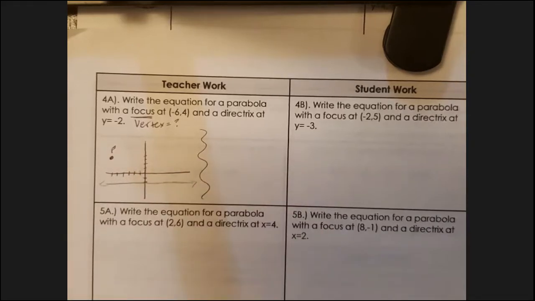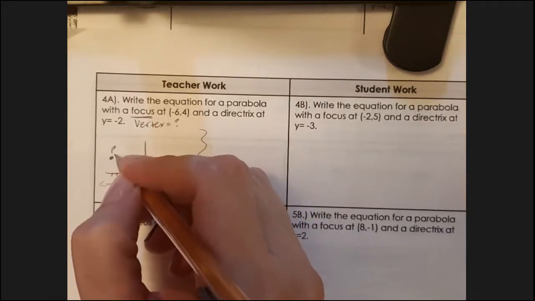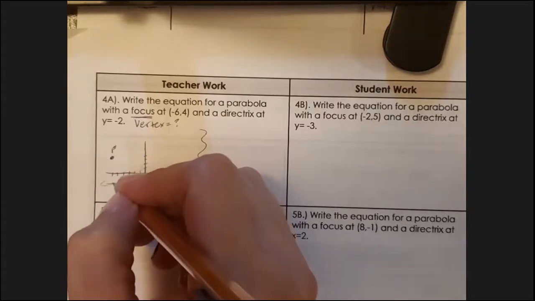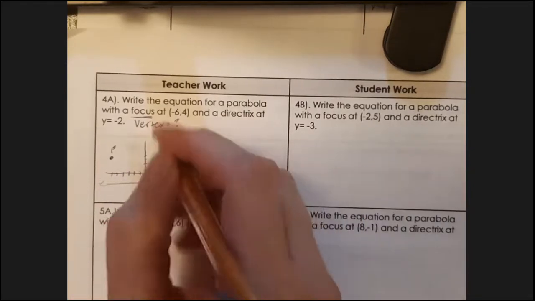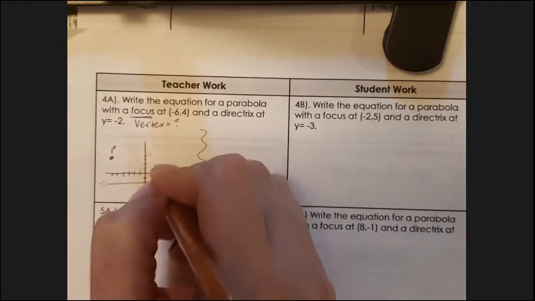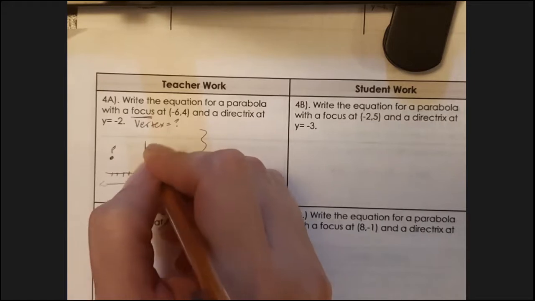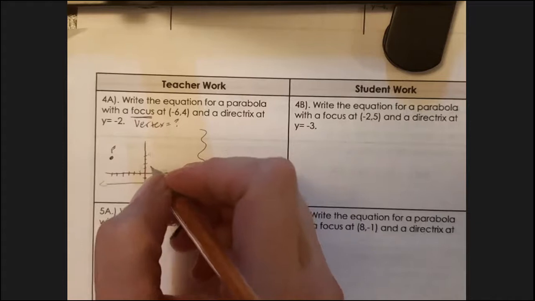All right, so our vertex is the same distance from the focus as it is from the directrix, which means it's halfway between. So if this is up here at 4 and this is -2, that means this is 6 spaces apart. So halfway would be 3.